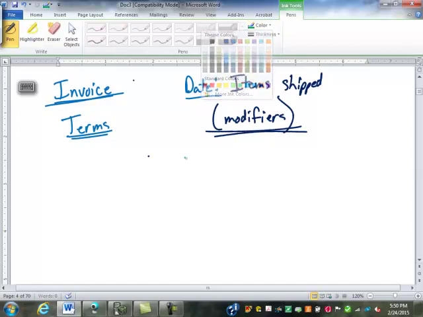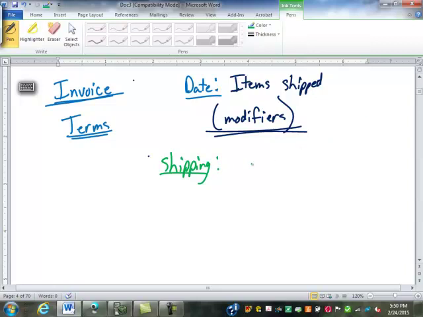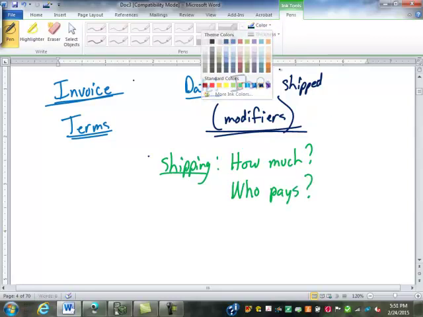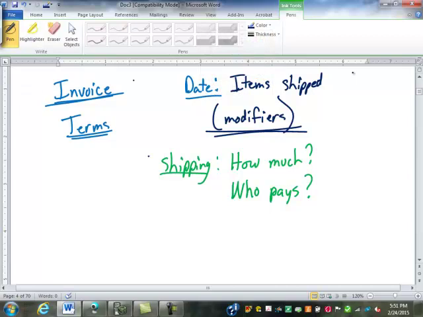Other terms that'll be on there are shipping. The biggest question with shipping is how much and who pays. In some cases, the supplier is going to pay for the shipping, especially if you have a large enough order or whatever.